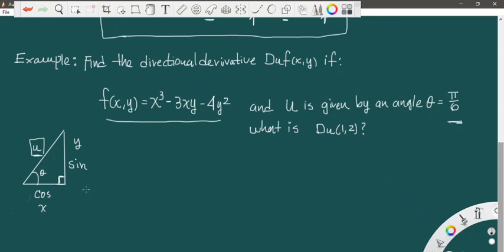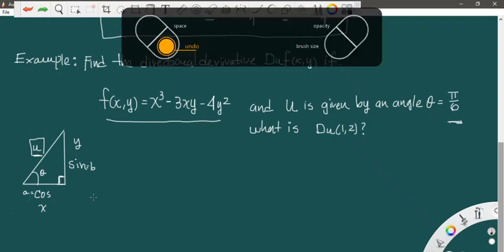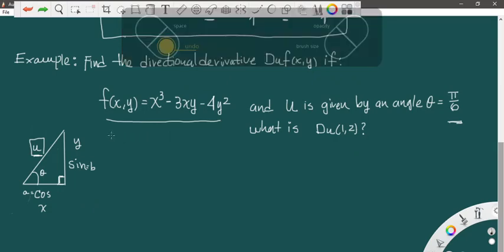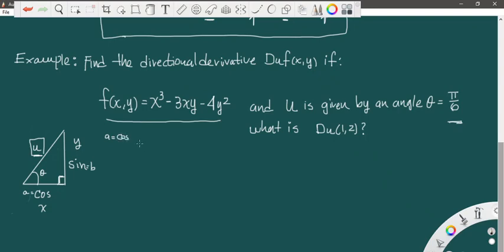If we say that this is A and this is B, and the unit vector equals 1, let me write it up here, because we are running out of space. A is going to be equal to the cosine of the angle, and B is going to be equal to sine.